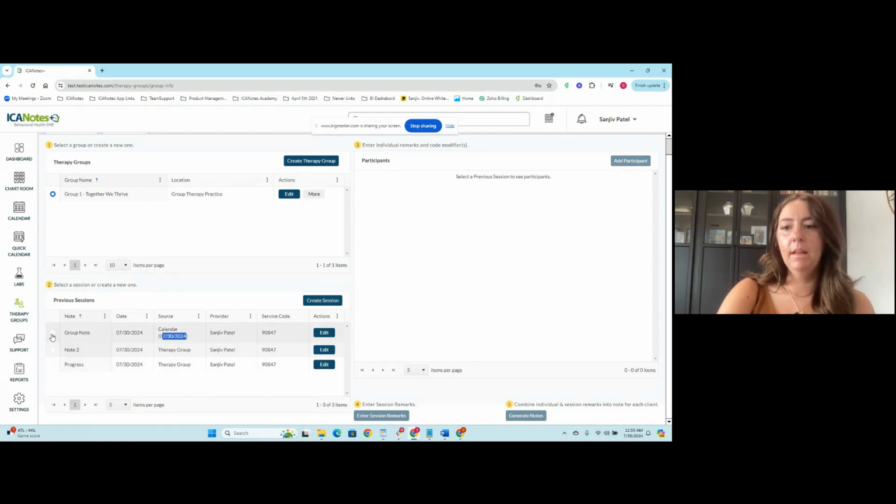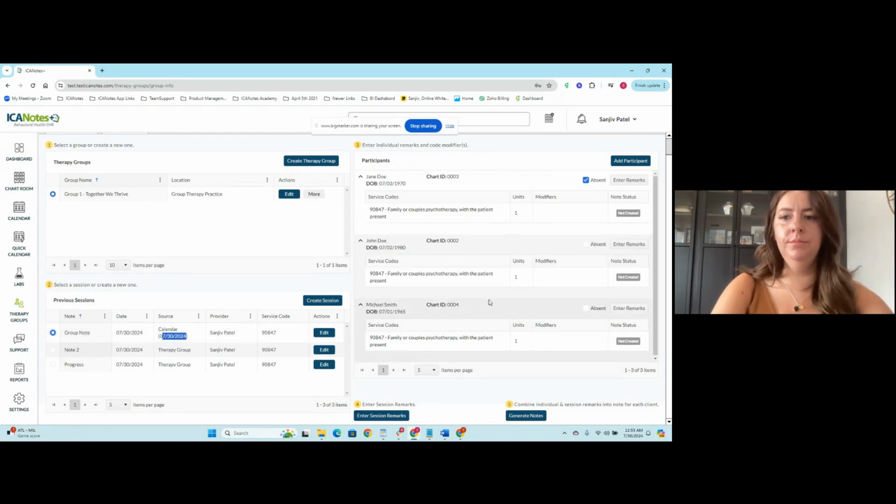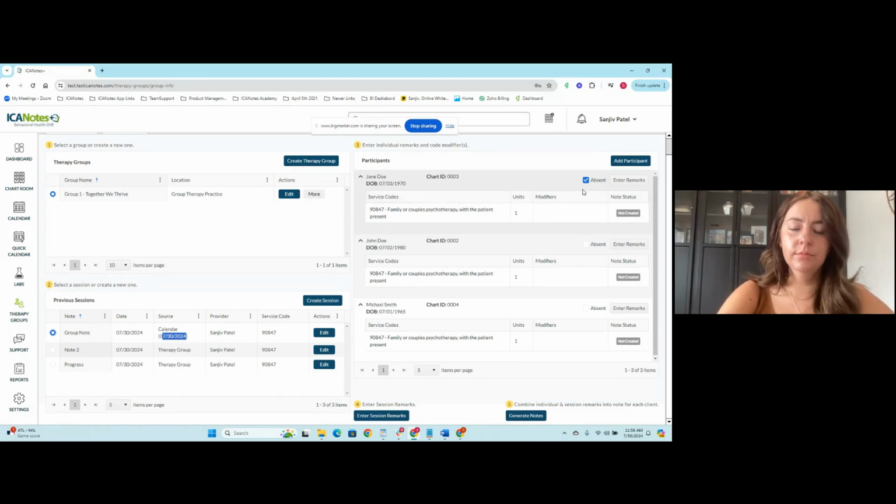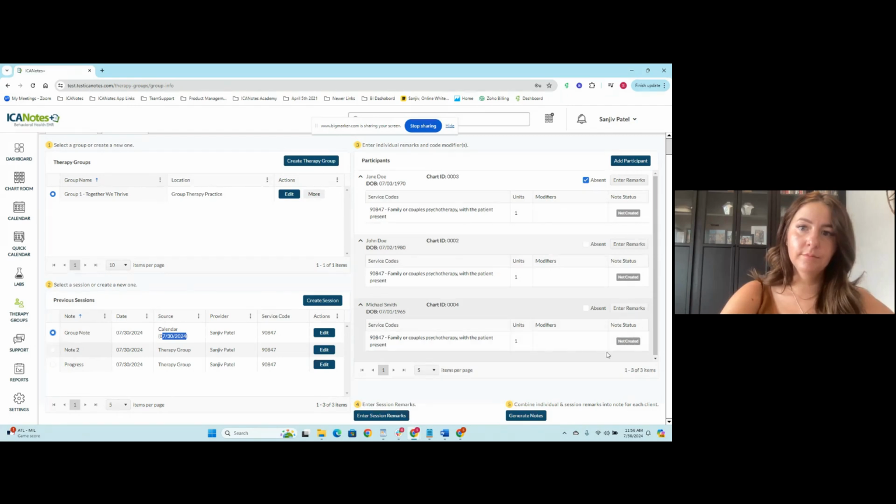So I'm going to select this appointment because they have all arrived except for Jane Doe. As you notice, my front desk has automatically said that Jane Doe has not arrived, she's absent, or the clinician has entered that if it's a one provider group there. So she's automatically selected as absent from the calendar. But John Doe and Michael Smith are here.